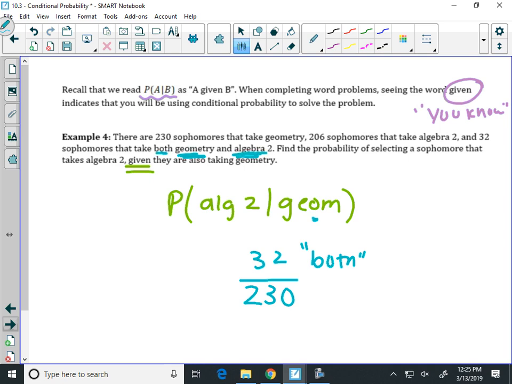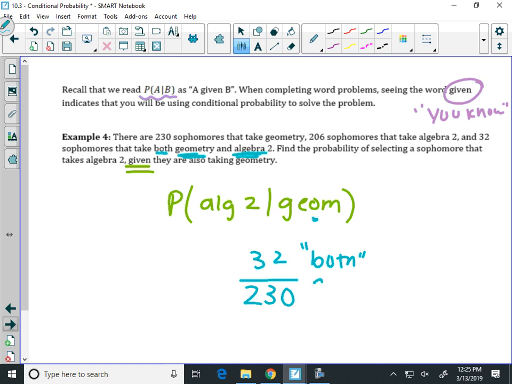Both. And that's 32. It's really tempting to think, oh, algebra over geometry, 206 over 230. Nope. You're putting people in there that don't fit in that category. So it's both over the second thing. Questions?